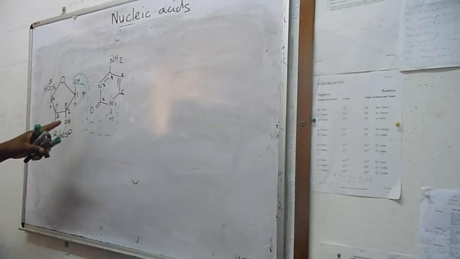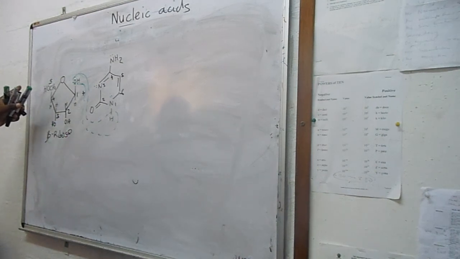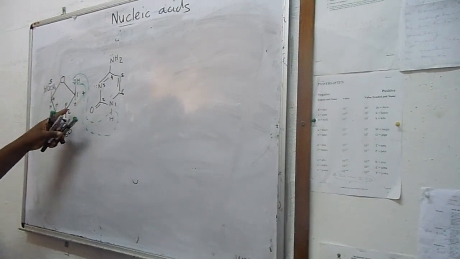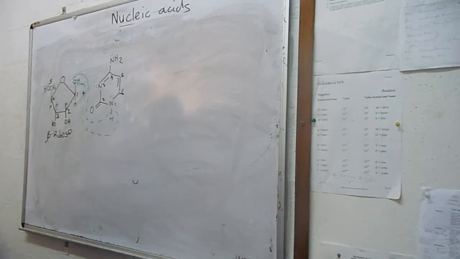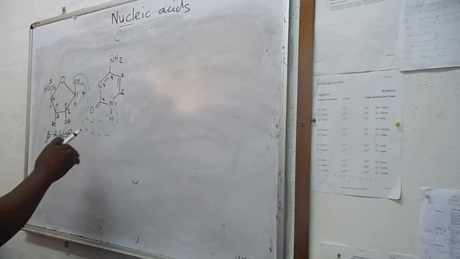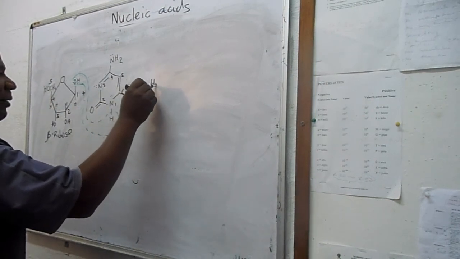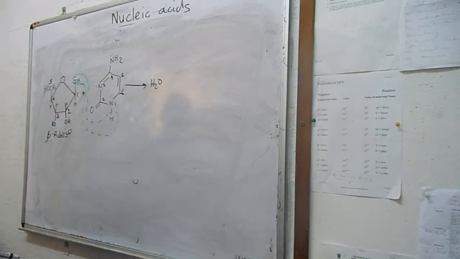So the reaction can be at any of the hydroxides, but the most reactive one is the one at carbon number 1. The most reactive hydroxide among these hydroxides is the one at carbon number 1. So when these two react, water is lost. The water is given out and the two compounds get condensed. So this is a dehydration reaction in a way. We are losing water.